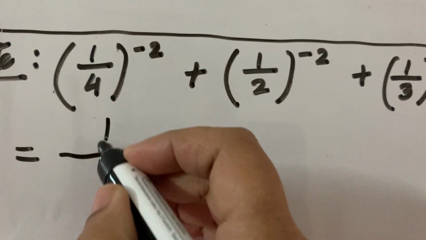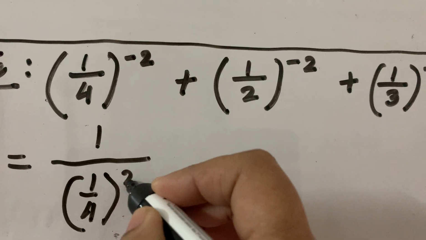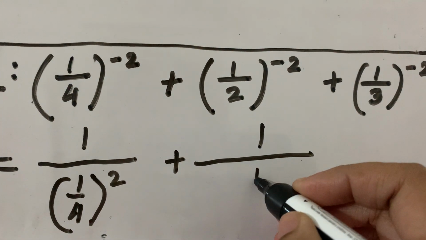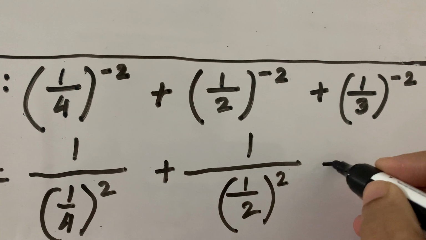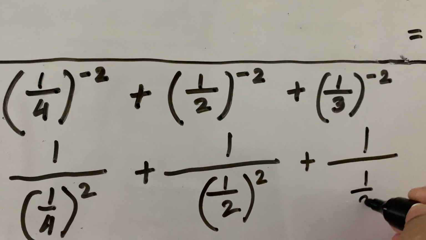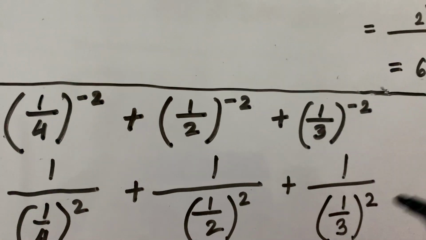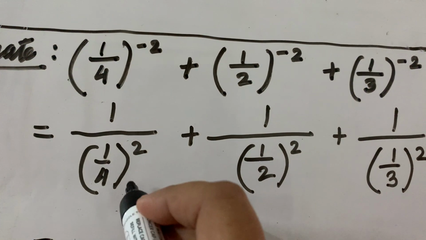So it will be (1 by 4) whole thing square plus (1 by 2) whole thing squared plus (1 by 3) whole thing square. So what is (1 by 4) whole thing square?